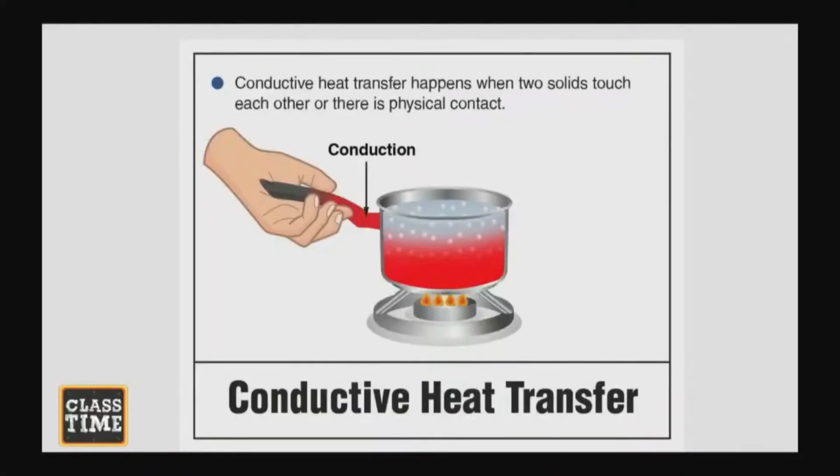So you just need to know which is which. So conduction is solid to solid. The heat is being transferred when two solids touch each other. That's what you need to remember. When two solids touch each other, the conductive heat is being transferred. That is what is happening.